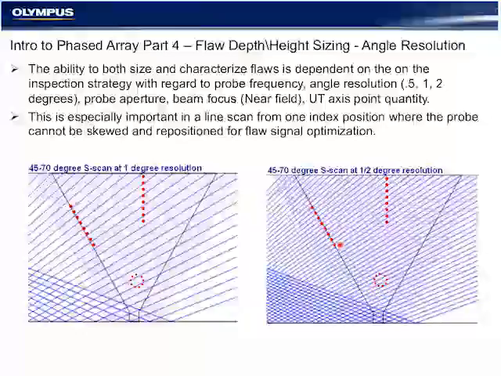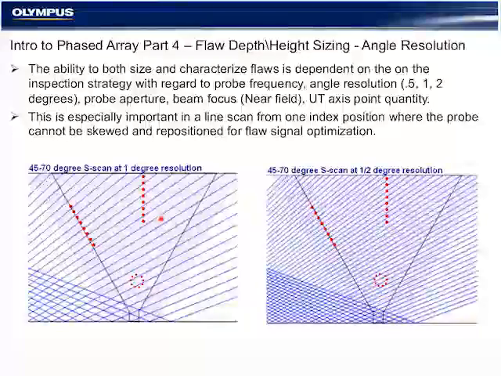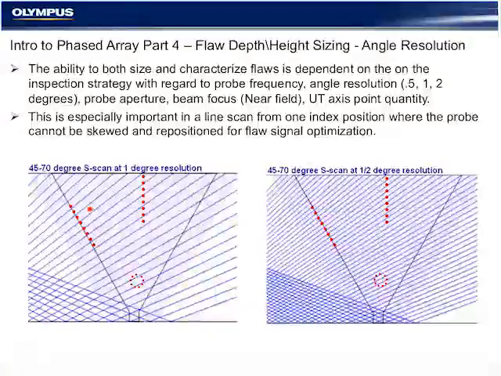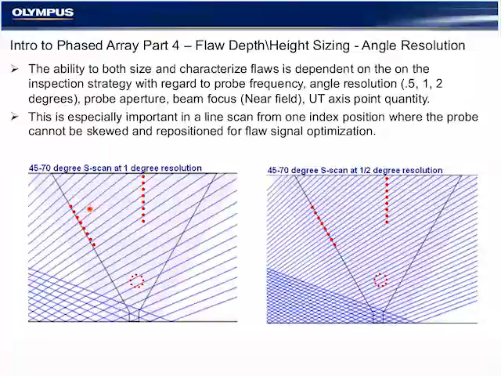At a half-degree resolution, obviously, we're going to have much more information to make a determination for the height and depth of the flaw, as we would with a 1-degree resolution. In both cases, for our typical welds, they would provide 1 millimeter sizing accuracy, which is often a common benchmark for what people would expect paying for phased array inspections.